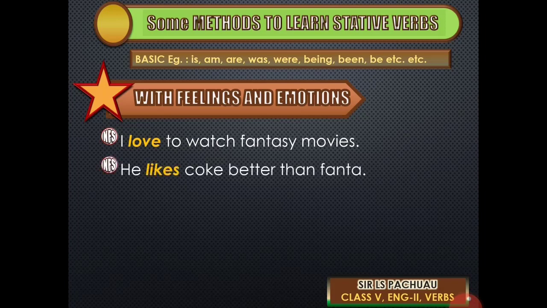He likes Coke better than Fanta. Here, likes is the stative verb. It has to do with feelings and emotions, but it's not an action word anymore. Here, we dislike bullies.